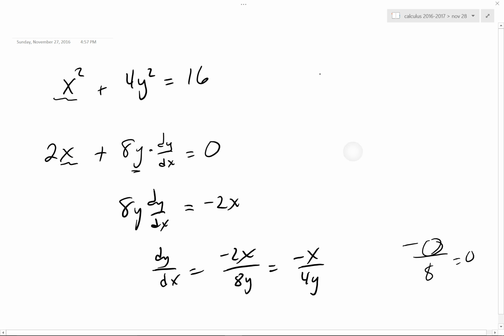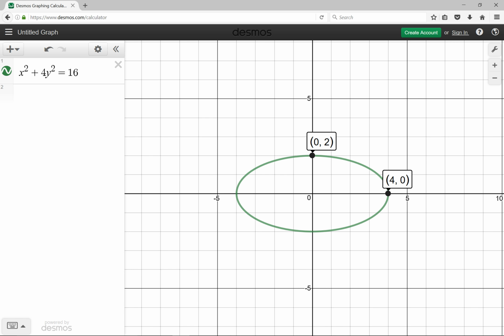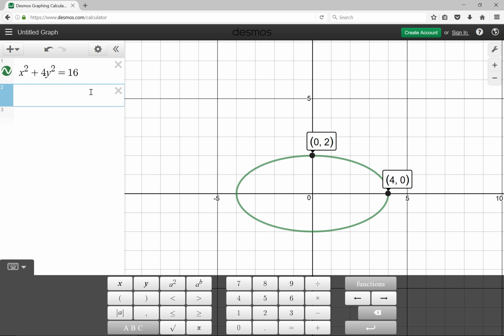This one here is pretty easy. Suppose x is equal to 1. Then you're going to get 1 plus 4y squared equals 16. So 15 divided by 4, and take the square root of that. Mr. Grimm, what do you want? You want the positive one or the negative one? I don't know. Let's find out. 1.93.